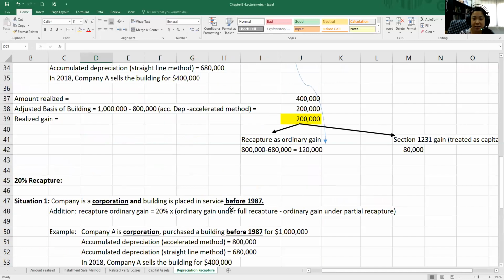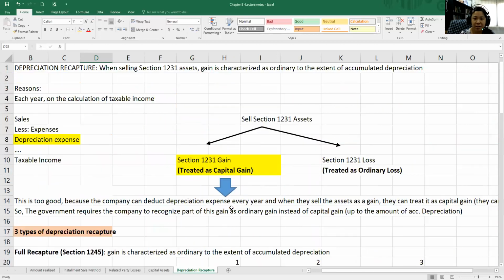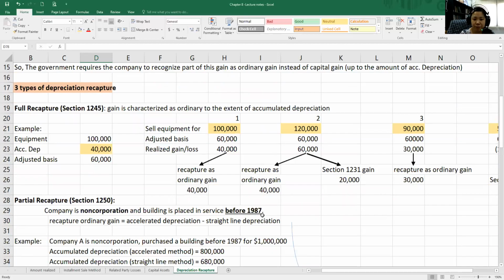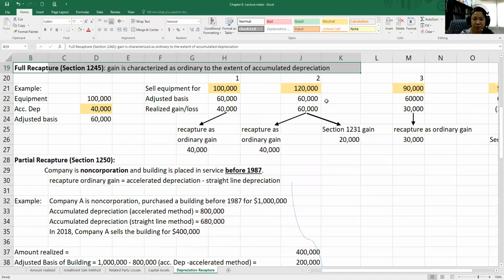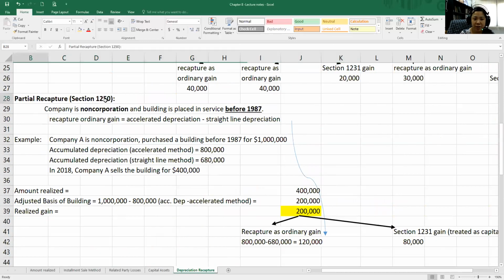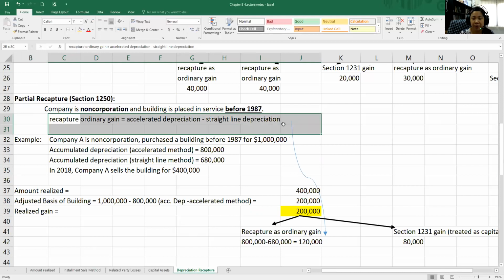Okay, so this is all about depreciation recapture. Again, we have full recapture when we recognize the gain as ordinary up to the amount of accumulated depreciation. Partial recapture: remember, the company is a non-corporation and the building was purchased before 1987, so we recapture the difference between accelerated depreciation and straight line depreciation.